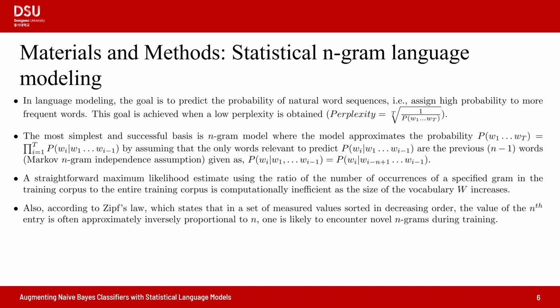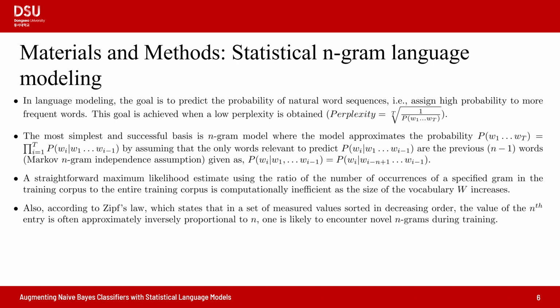So a straightforward maximum likelihood estimate, we are doing a similar thing that we did for the naive Bayes. A maximum likelihood estimate for the statistical n-gram language modeling uses the ratio of the number of occurrences of a specific n-gram in the training corpus to the entire training corpus. But this is computationally inefficient as the size of the vocabulary W increases.